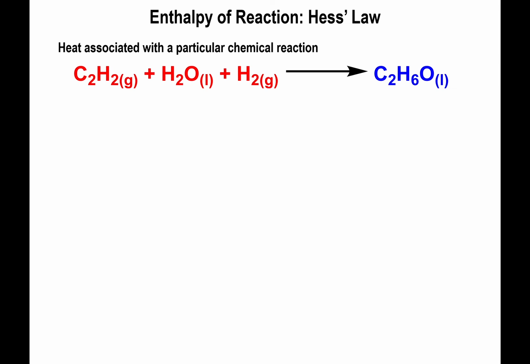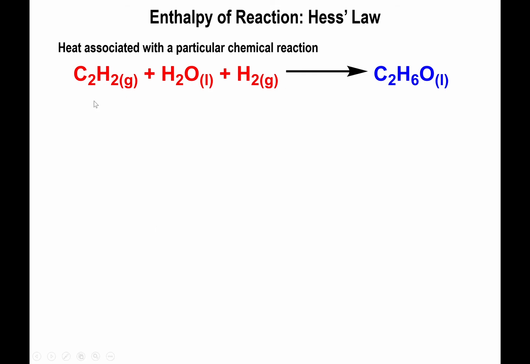is technically using equations for which you already have delta H's of reaction provided, and you use those equations to ultimately, upon applying changes to them, add them up together and yield an equation for which you don't yet have the delta H of reaction value.